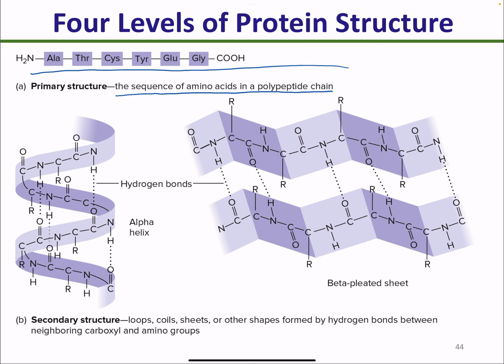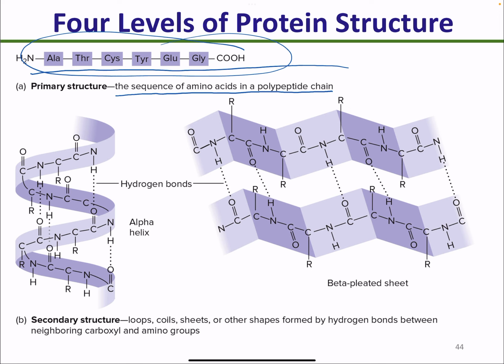Then chaperones are going to come and help the protein adopt more complex folding. And that more complex folding is going to develop because some amino acids are charged, some of them are polar, so you're going to have some complex interactions that are going to happen within this polypeptide chain.